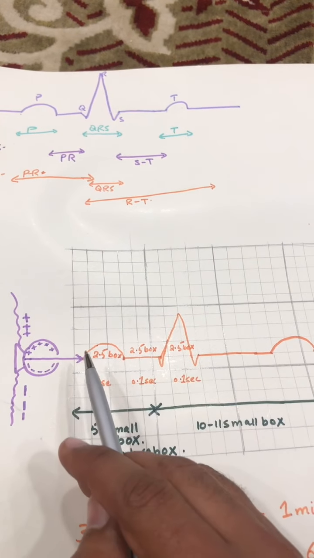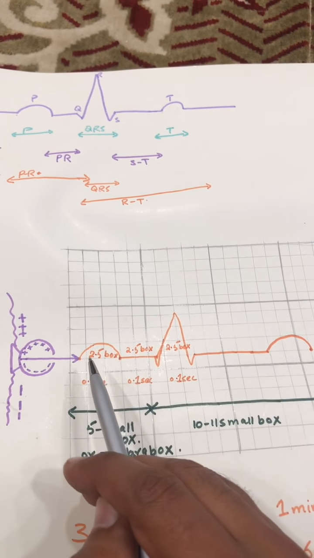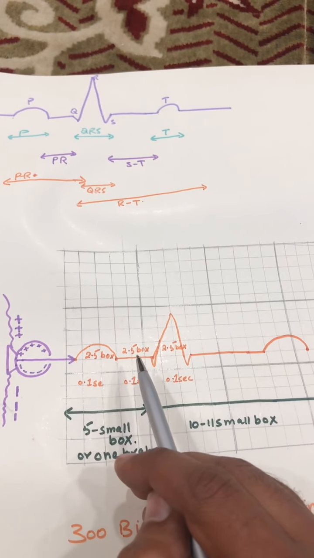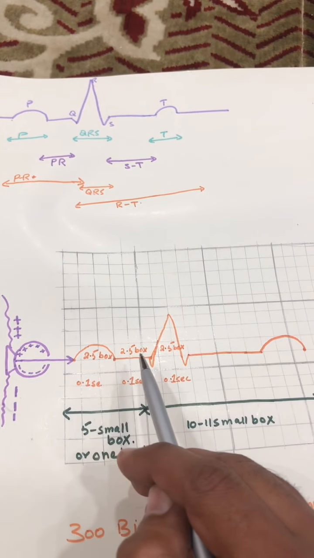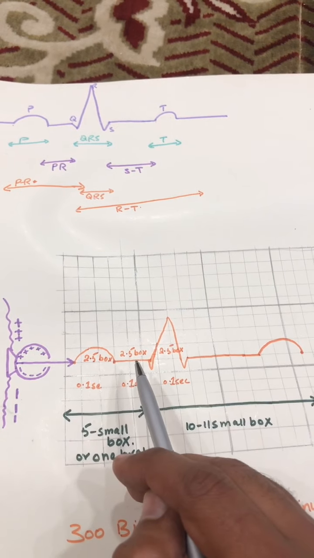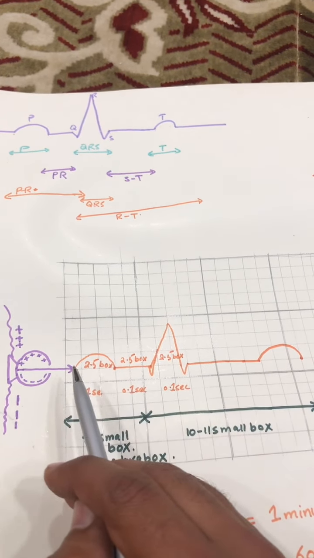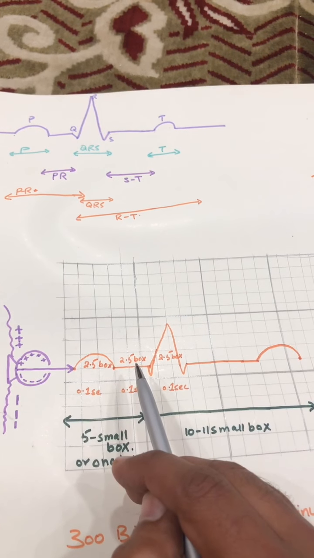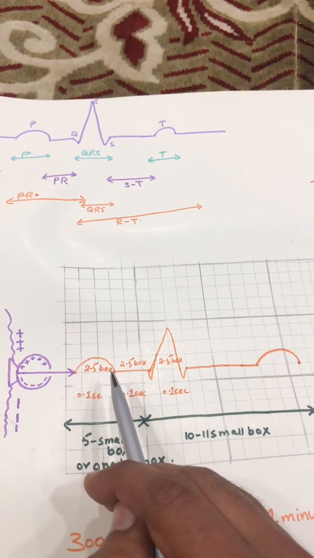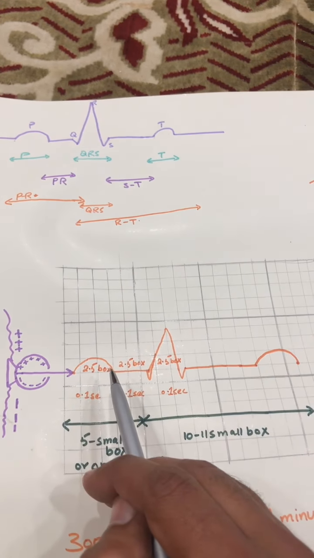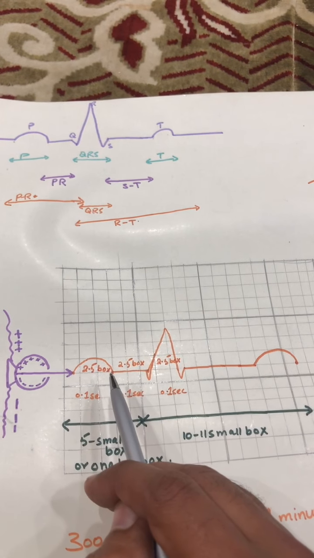A normal P wave is equal to 2.5 small boxes, or you can say half of the big box, because a big box consists of 5 small boxes horizontally. So 2.5 small boxes equal 1 P wave.